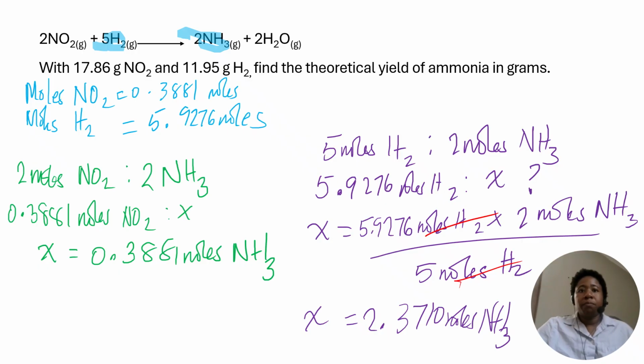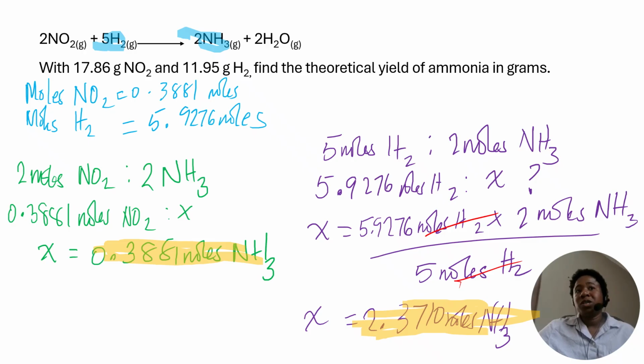So when we look at both quantities of ammonia to be produced, we see that the nitrogen dioxide will produce 0.3881 moles of ammonia, and the hydrogen will produce 2.3710 moles of ammonia. So it means that the nitrogen dioxide is the limiting reagent because it will produce less ammonia.